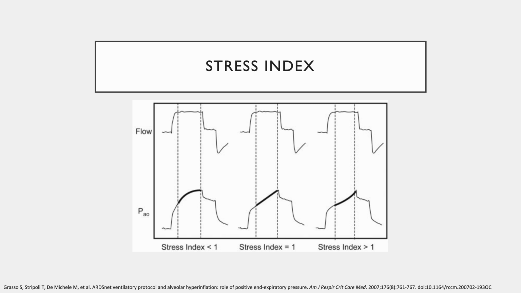A 2007 publication by Grasso and colleagues compared PEEP adjusted based on stress index versus the lower PEEP FiO2 table and found that a lower PEEP was used using the stress index method, and this was associated with better respiratory compliance, lower concentration of inflammatory mediators, lower PaCO2, and similar arterial oxygenation. However, studies demonstrating improvement in clinical outcomes are lacking.